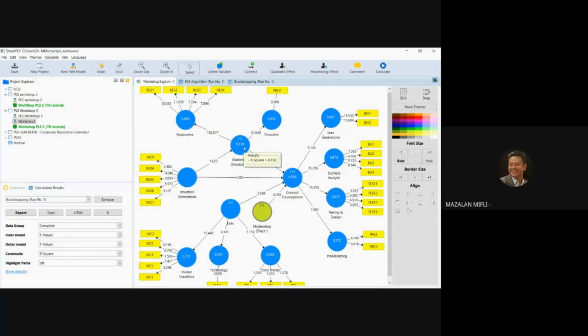By looking at this statistic, we know the managers here are very much on consumer market orientation.